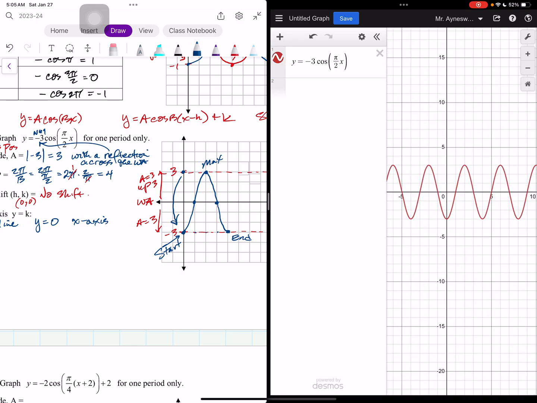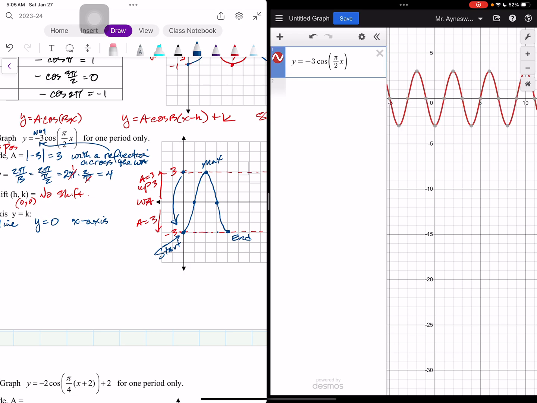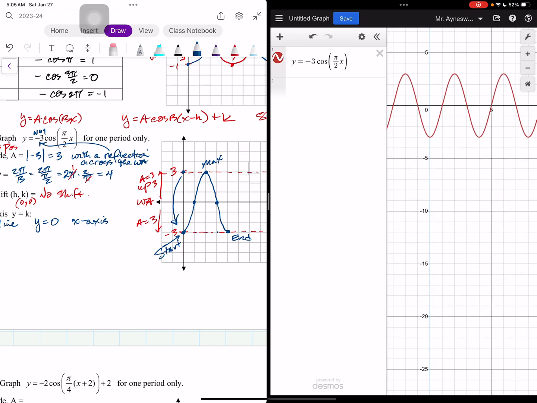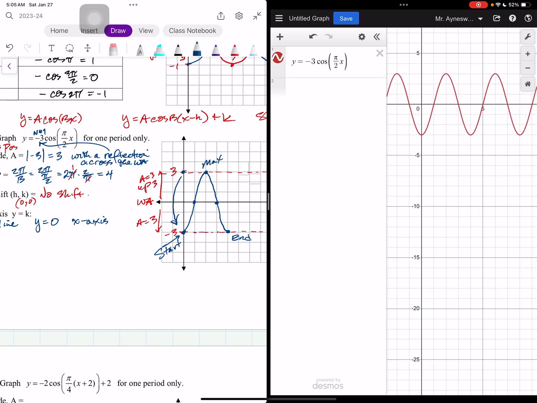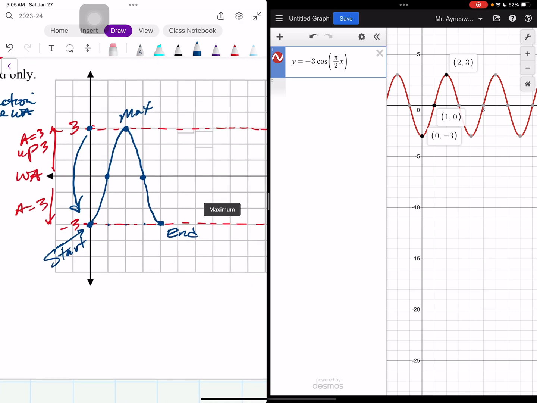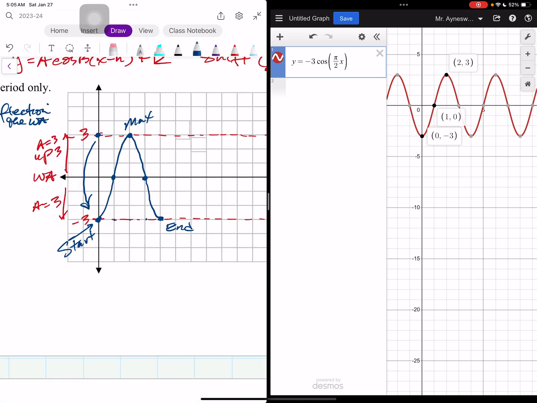Notice what we have here. I'm just going to plot the points we're looking at. Let me adjust it. It starts here at 0, -3, just like I showed you. It hits 1, 0 and goes up to the top at 2, 3. On the left side you'll notice this maximum occurs 2 units to the right and 3 up.